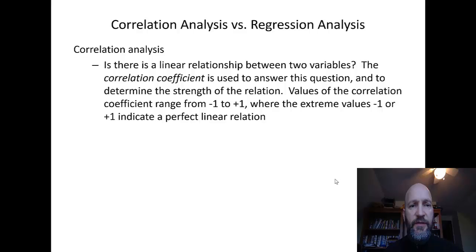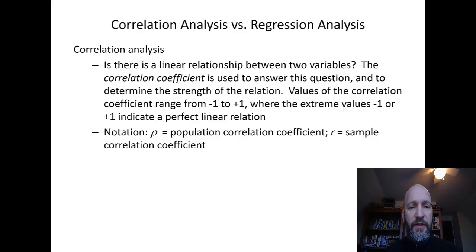Correlation analysis answers the question whether there's a linear relationship between two variables. And this is done by calculating what's called a correlation coefficient. And this not only tells us whether there's a relationship, it tells us how strong the relationship is. The correlation coefficient ranges from -1 to 1, and the extreme values of -1 and 1 indicate a perfect linear relationship.